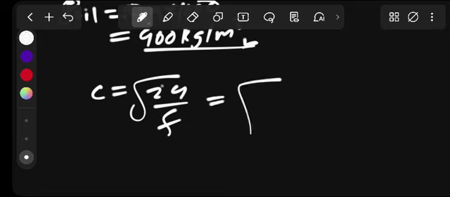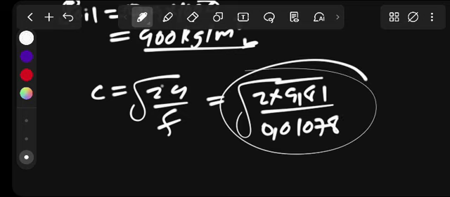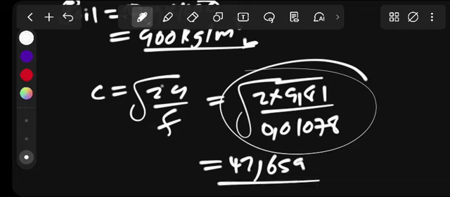So 2 multiplied by 9.81 gravity divided by this, which is the one we have found. So punch this on the calculator. We'll have that to be 42.0659. It has no SI unit, so this is our Chezy constant.